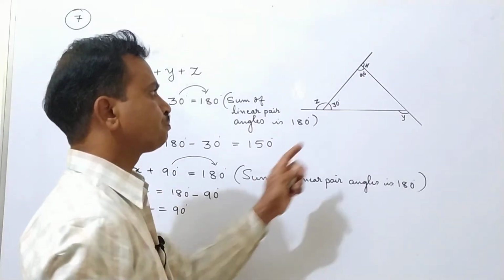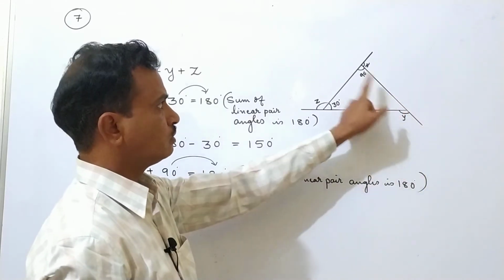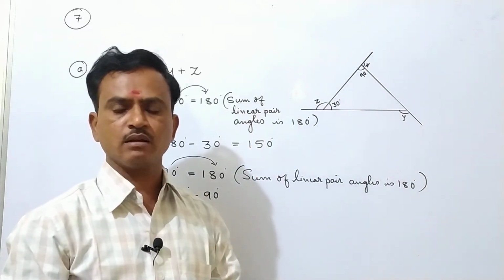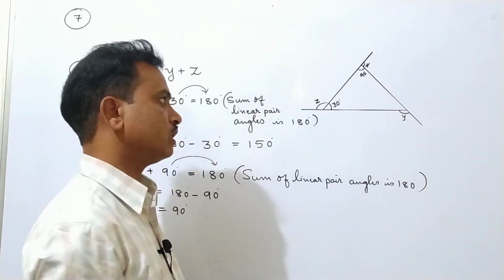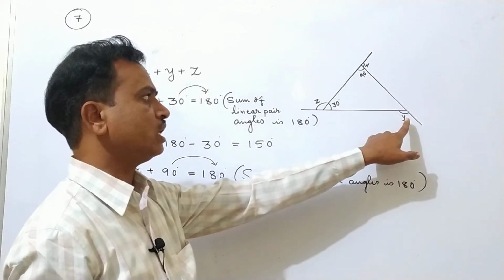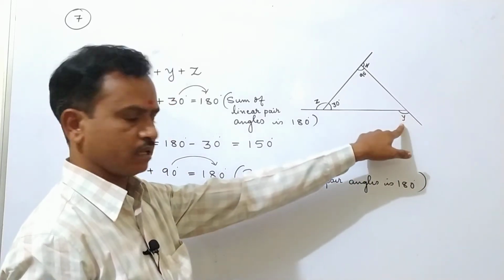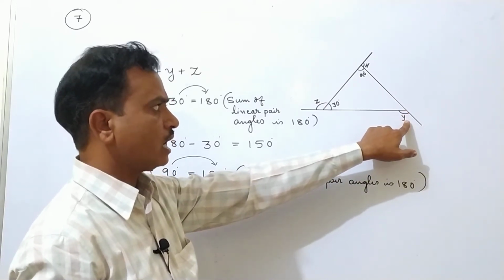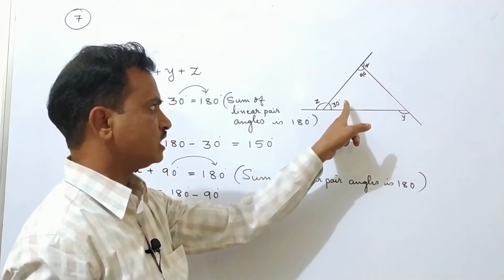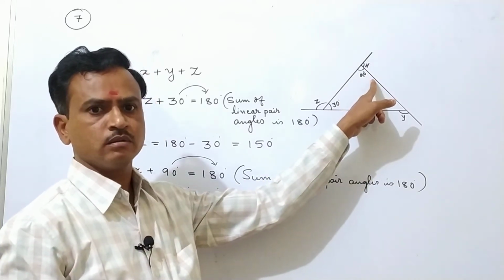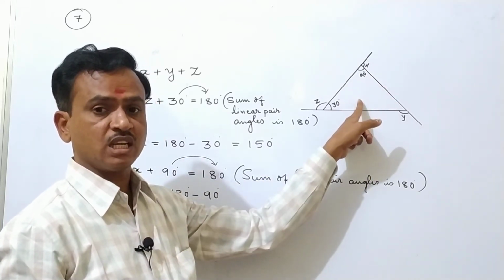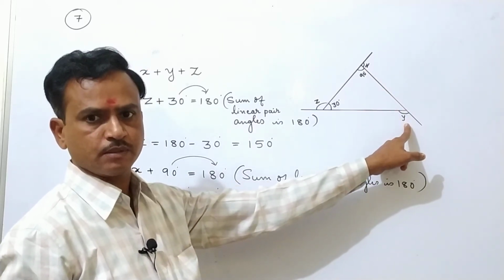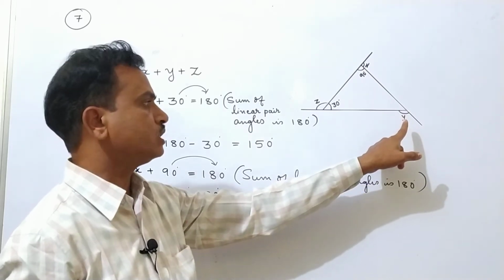Now here, if we want to do it like this, the value is not given in this diagram. So what we should do here: you know that the exterior angle is nothing but the outside angle. The exterior angle is equal to the sum of two opposite interior angles. This exterior angle property we have to use here.